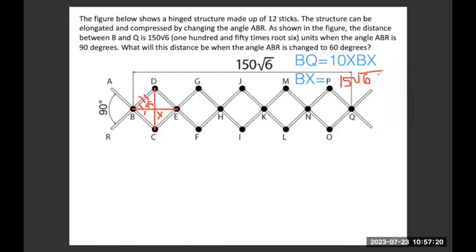Is this clear so far? This is 15 root of 6. What I need to find is BD. I'm more interested in finding BD.